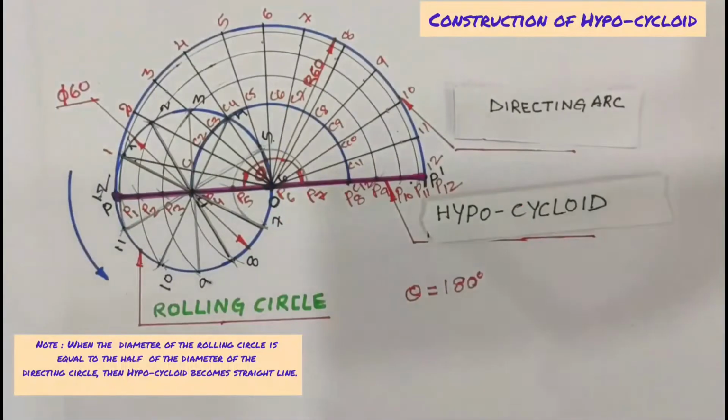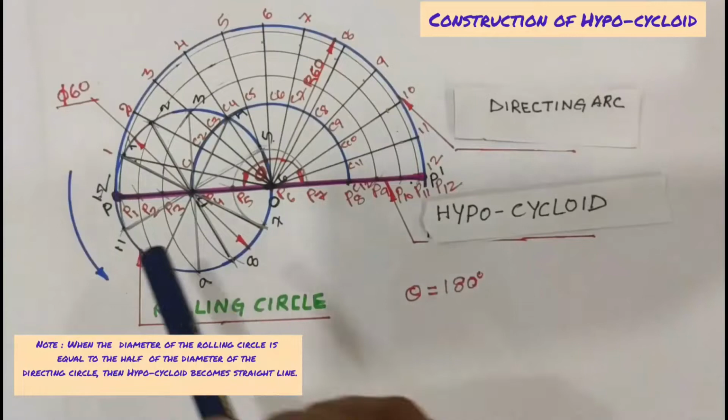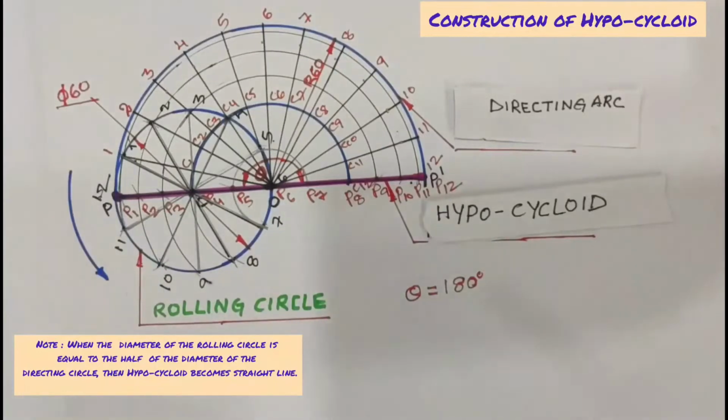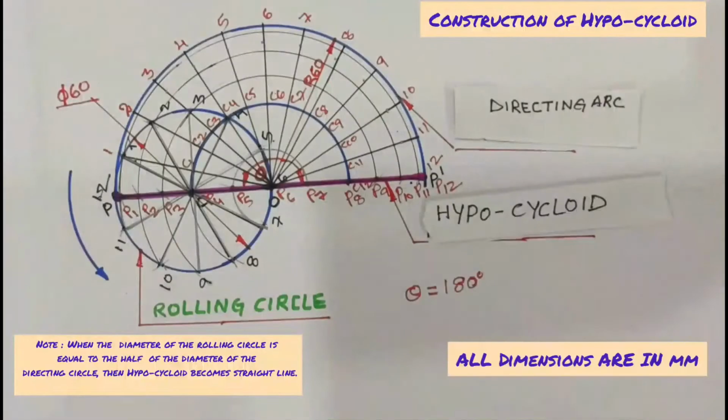When diameter of the rolling circle is half of the diameter of the directing circle, then hypocycloid becomes straight line. That's about the construction of hypocycloid when diameter of the rolling circle is half of the diameter of the directing circle.